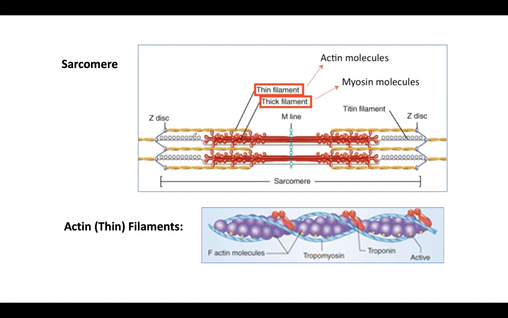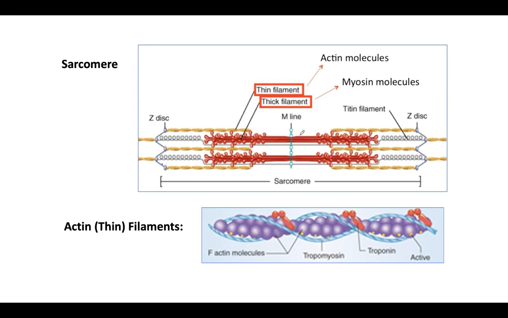Let's look at the sarcomere one more time. Here's a Z disc. Here's a Z disc. One end of the Z disc, another end of the Z disc, and then this is thin filament. In other words, actin myofilament. Actin myofilament is always attached to the Z line. Thin filament is always attached to the Z disc.